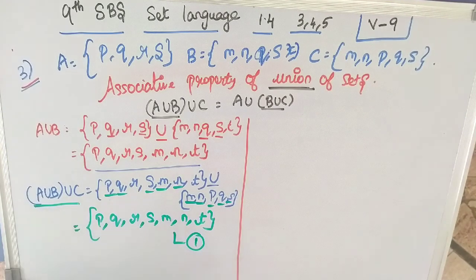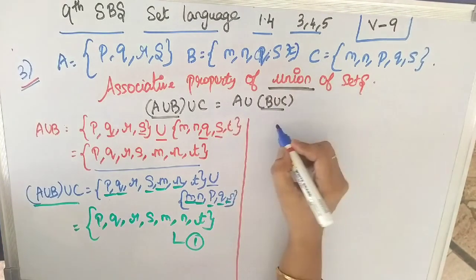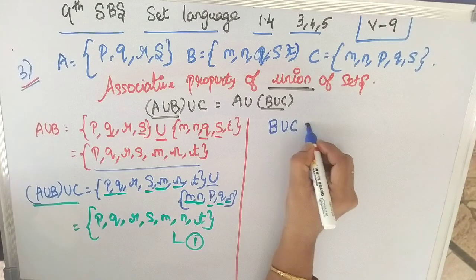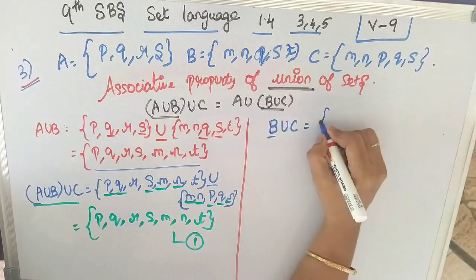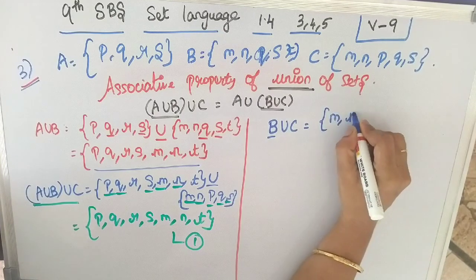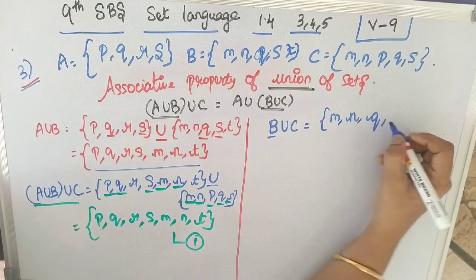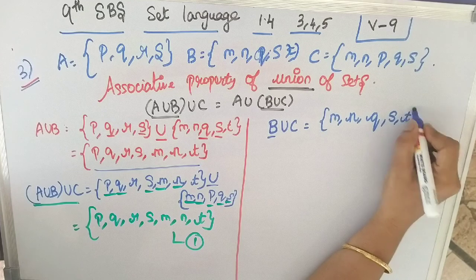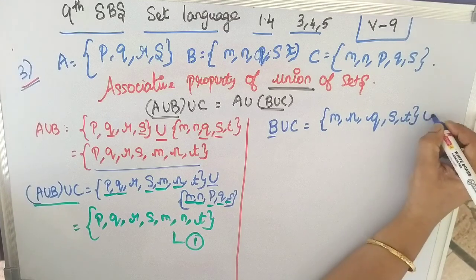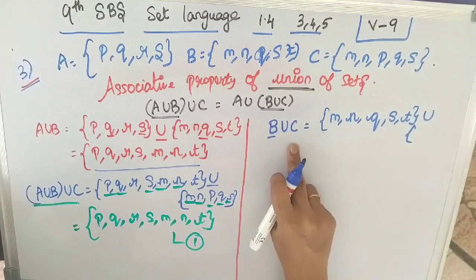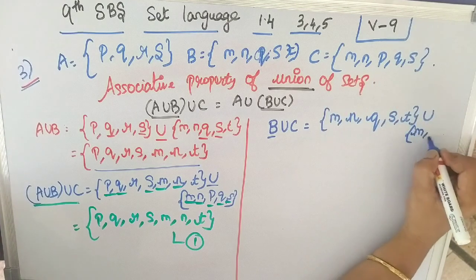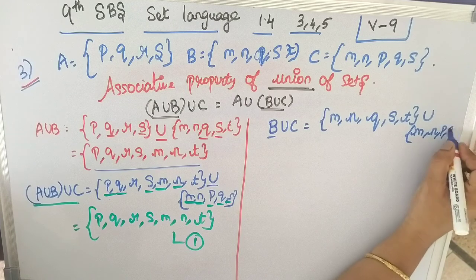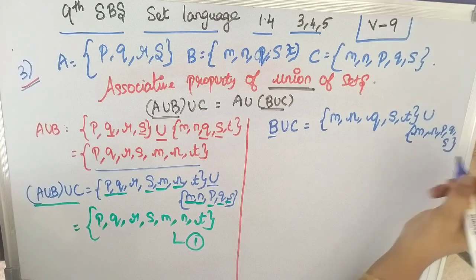So we have found the LHS and marked it as 1. Now we have to start finding the RHS, that is the right hand side. First, we have to find what is inside the bracket. So, B union C. What is B? M, N, Q, S, T. Union. What is C? M, N, P, Q, S. So we have to find the union between B and C. How to find union?